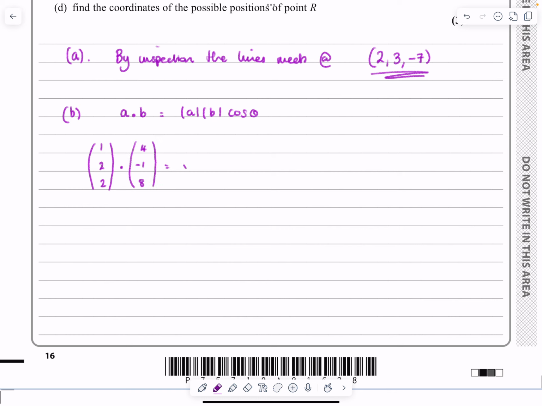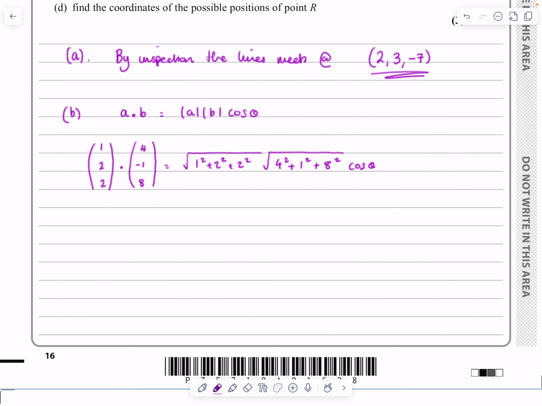Well, the modulus of the first one is the square root of 1 squared plus 2 squared plus 2 squared, and the modulus of the second one is the square root of 4 squared plus minus 1 squared, but I'm just going to write 1 squared there, plus 8 squared, times cos theta, and then tidy all of that up.